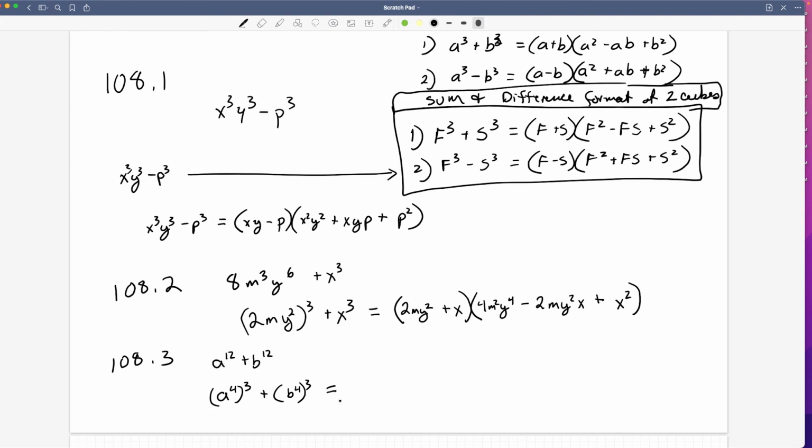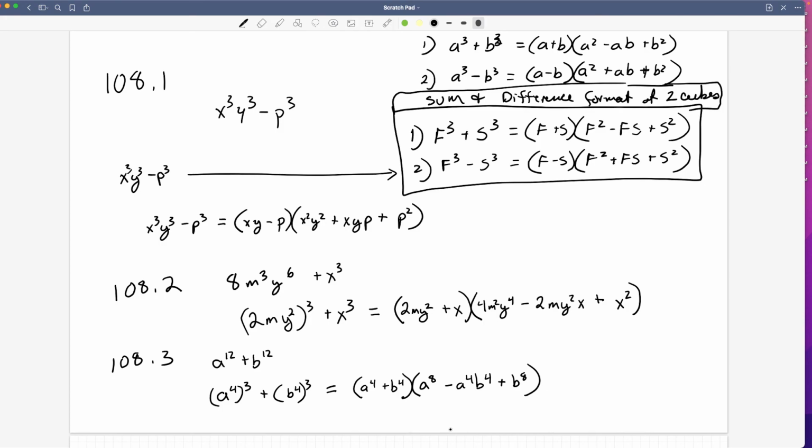And that's going to equal the first thing plus the second thing, so a to the 4th plus b to the 4th. And then we have the first thing squared, so it's going to be a to the 8th, minus a to the 4th b to the 4th, plus b to the 8th. And that's it. That is the answer.